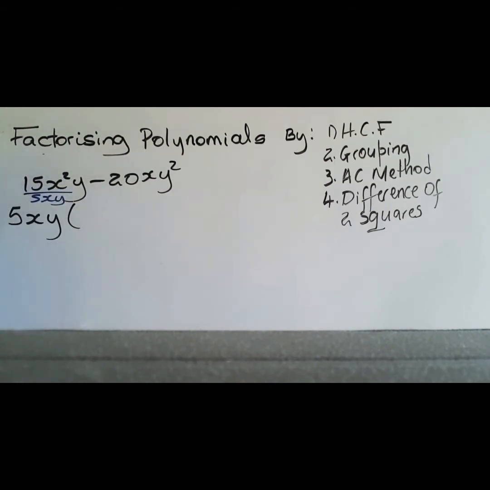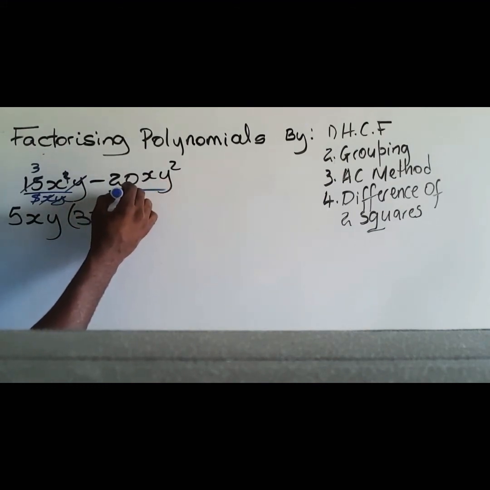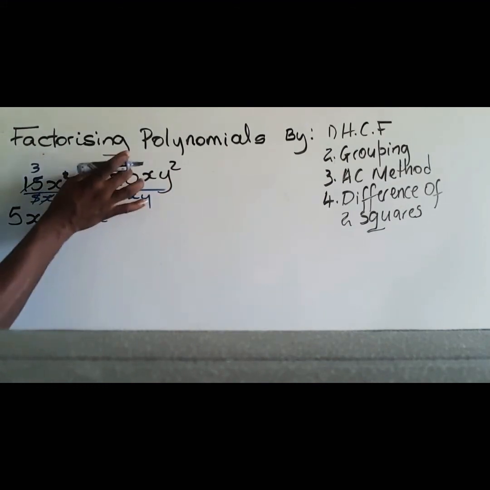So the 5 into the 15, 3. The x would have cancelled one of that, leaving x, and the y cancels all. So right there we're left with 5xy into the 15x squared y, we have 3x. Similarly, we're going to do the same thing here. We're going to divide the 5xy into that.